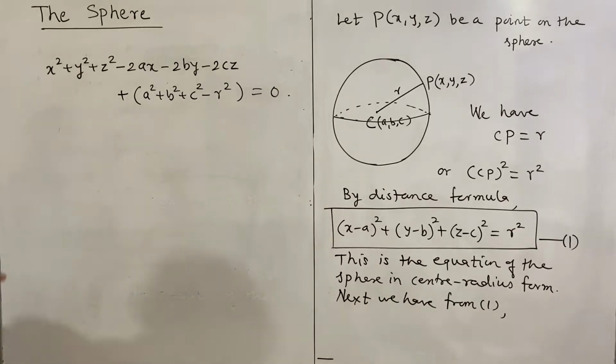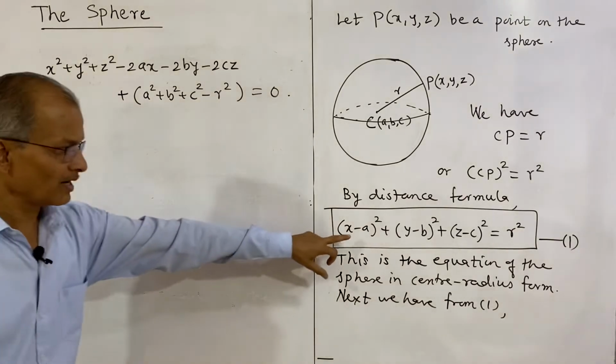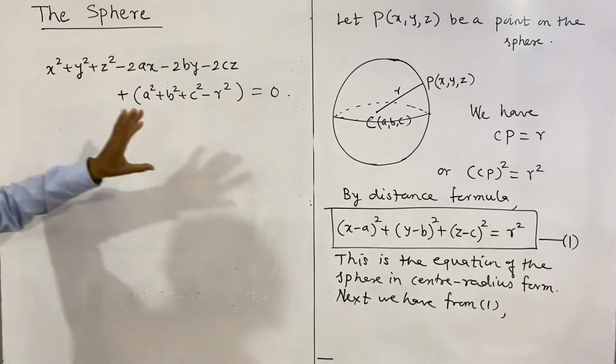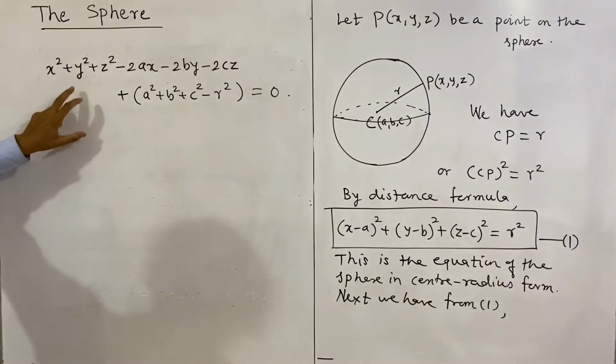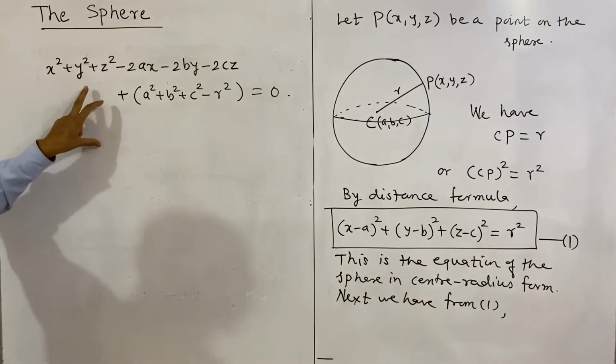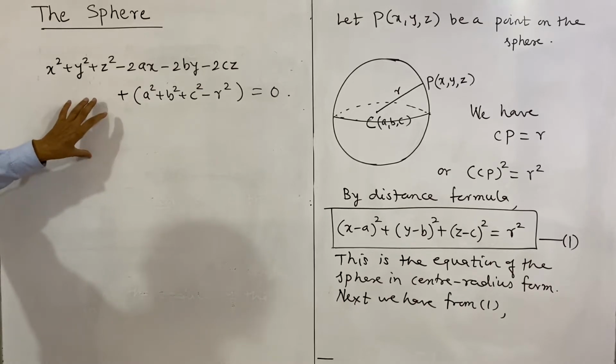Now we observe, this is the expanded form of the equation 1, and this is the second degree equation. What are the characteristics of this equation that we should note?